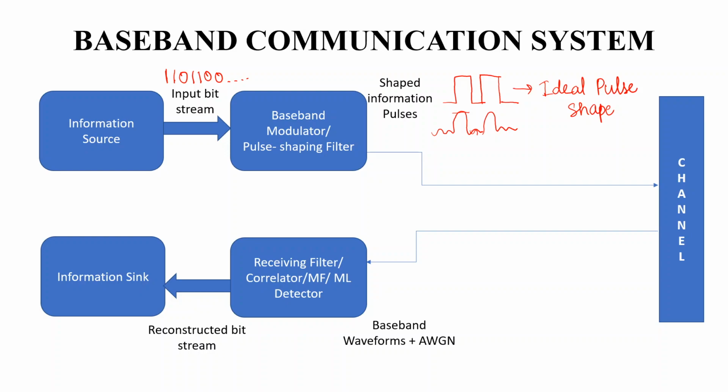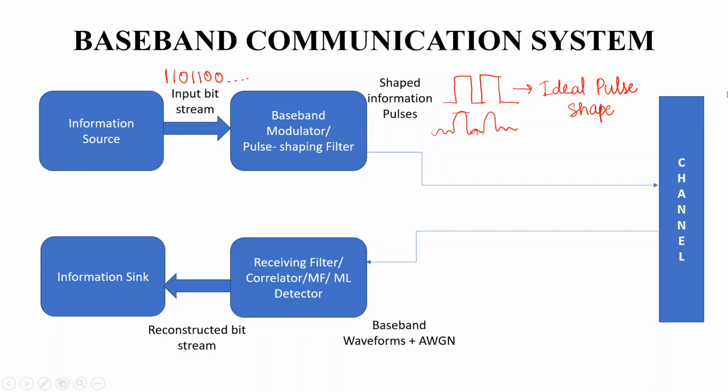Root raised cosine and raised cosine filters are characterized by their roll-off parameter, which is a trade-off with respect to the bandwidth consumption. Whenever we use a filter with sharp roll-off, or a roll-off nearing 1, the bandwidth required for the transmission of the same amount of information will be larger.